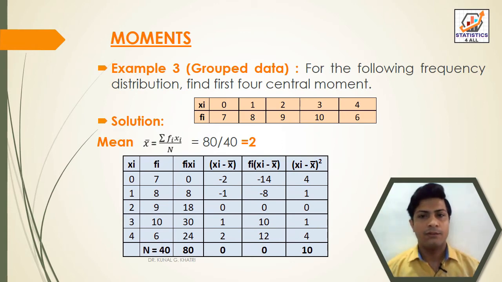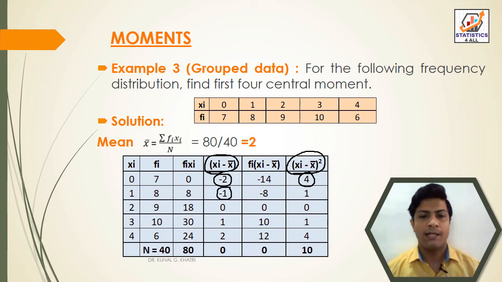And now we'll find the second central moment. For that we have to find xi minus x bar whole square. So here xi minus x bar into xi minus x bar. So minus 2 square is equal to 4.